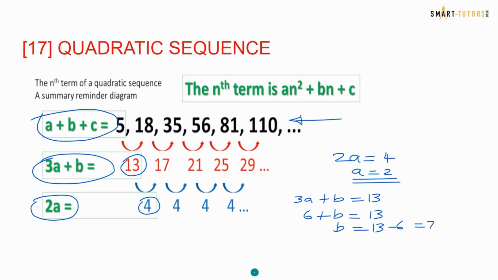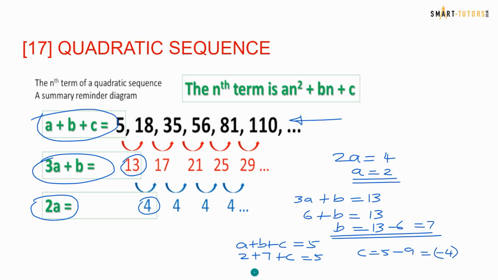And that is the second answer. Third answer: a plus b plus c equals 5, a equals 2, b equals 7, and c we are going to find. So 2 plus 7 is 9, so c equals 5 minus 9, which is minus 4.